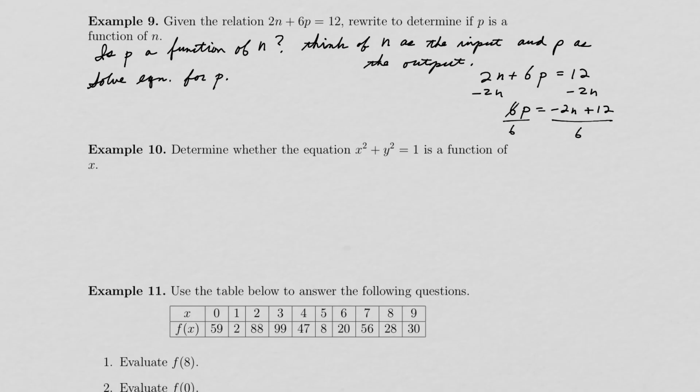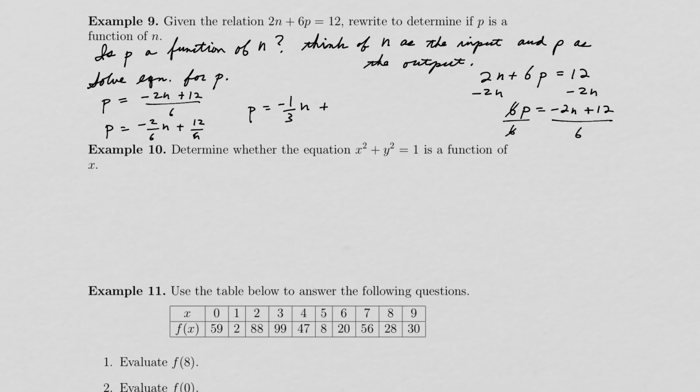So the 6's cancel. I'm going to get p is equal to negative 2n plus 12, all over 6. But remember, that's the same as negative 2n over 6 plus 12 over 6.